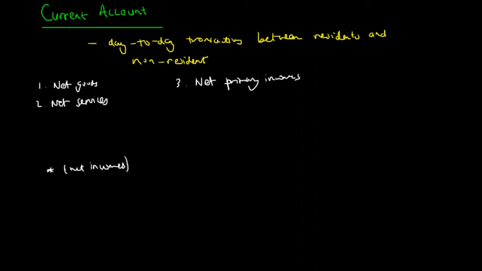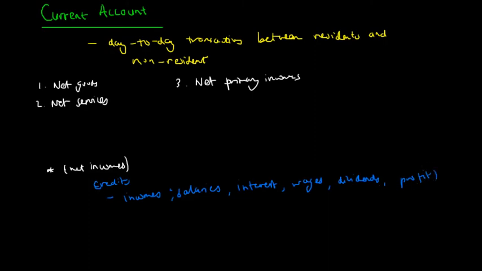So income credits, which include incomes, salaries, interest, pension, wages, dividends, profit, minus the debits pertaining to the net incomes category, which include wages paid abroad, so this is wages again, interest, salaries, dividends, profit paid abroad.